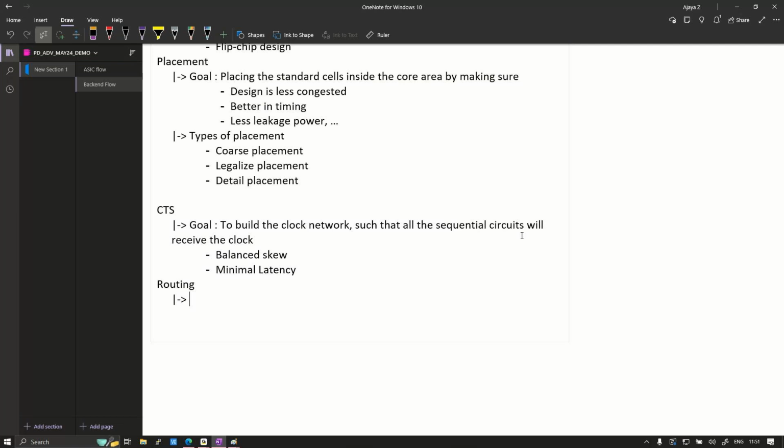So routing, the goal is to make sure all the virtual connections are made into physical connections.